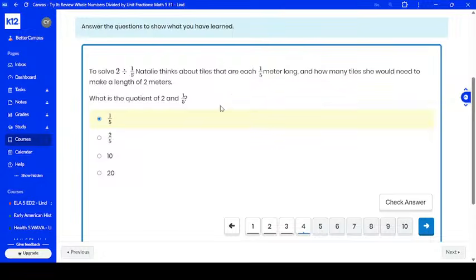Is it A, 1/5, B, 2/5, C, 10, or D, 20? You have 5 seconds to answer. 5, 4, 3, 2, 1. The answer is C, 10.